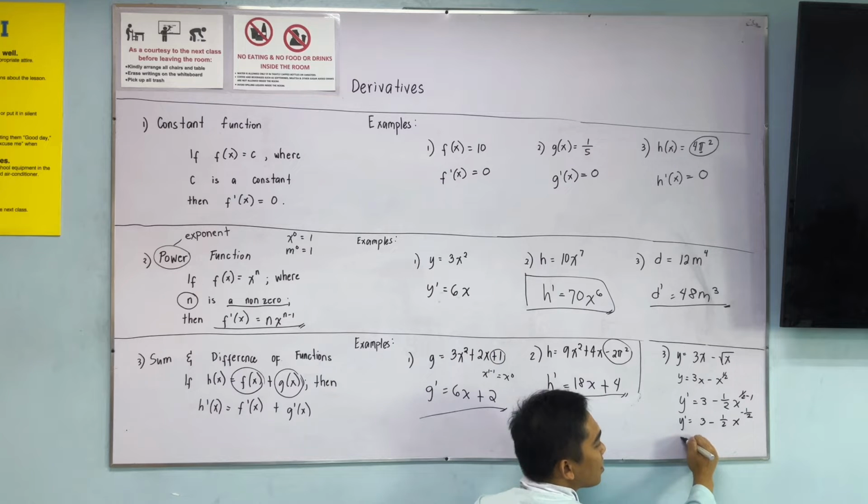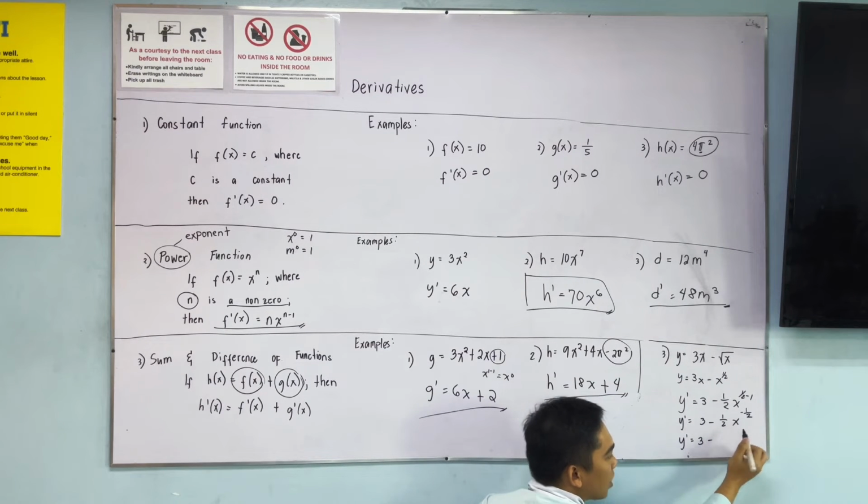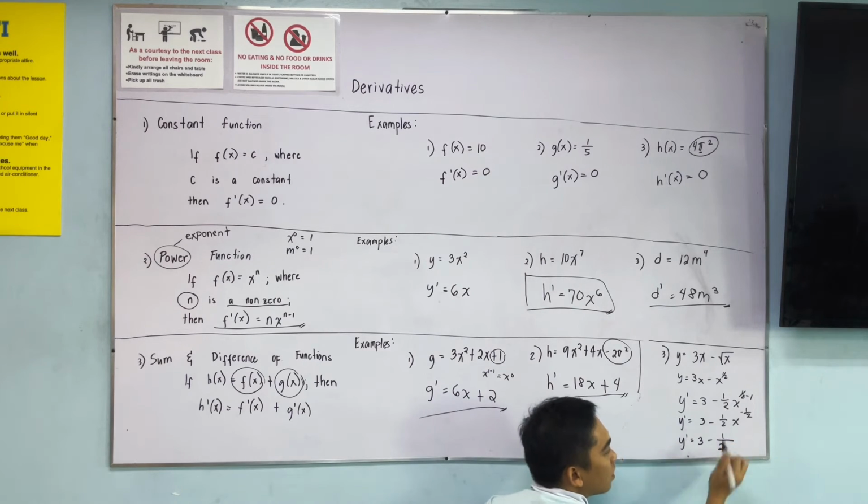So for the final answer, y prime is equal to 3 minus, since negative ito, ilalagay natin siya sa denominator. Magiging 1 over 2.